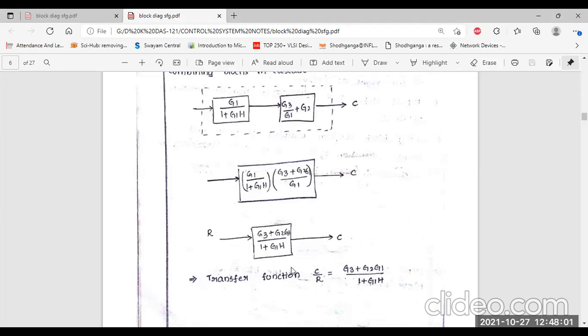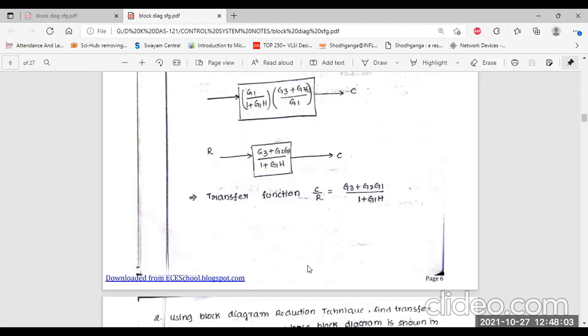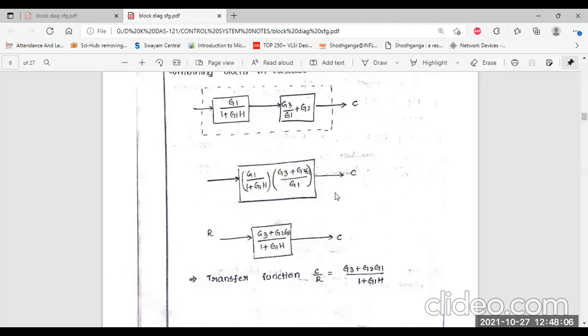Okay, so this is the basic process. When you are given the questions, you have to finally give the output from this equation according to the block diagram reduction rules. So here you can see, this is a transfer function. This is a small transfer function, G3 plus G2 into G1 by 1 plus G1H.